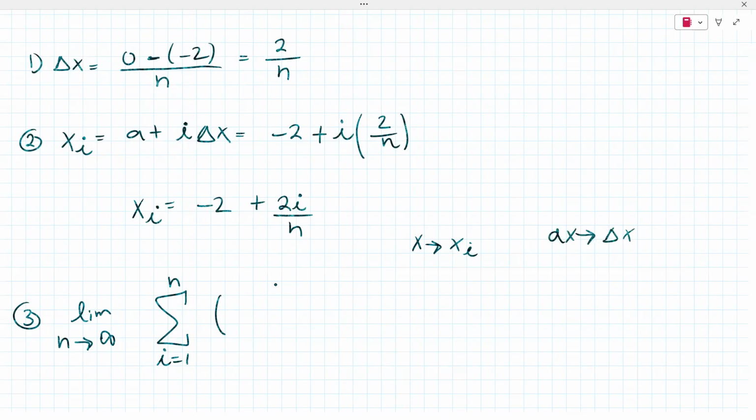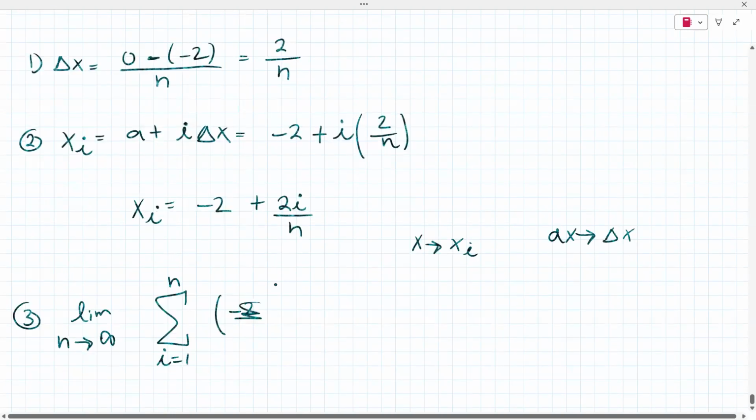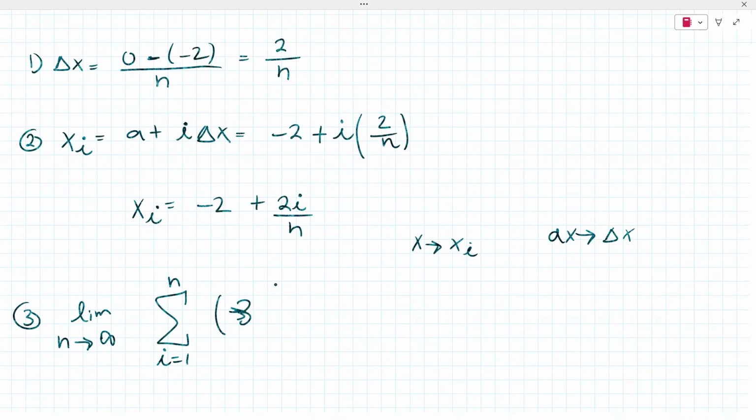Okay, so it's going to be 3, and then replace x with xi. So this is going to be xi squared plus 2 times xi plus 1, times delta x, which is 2 over n.